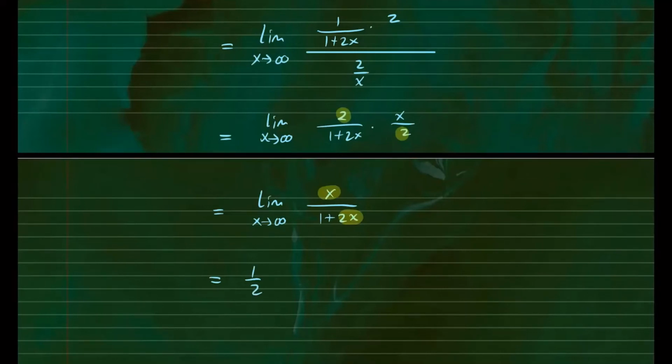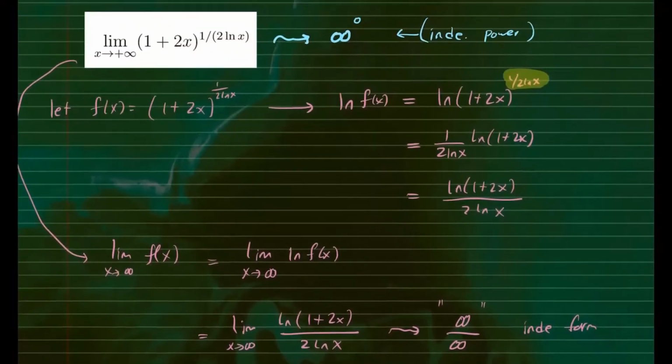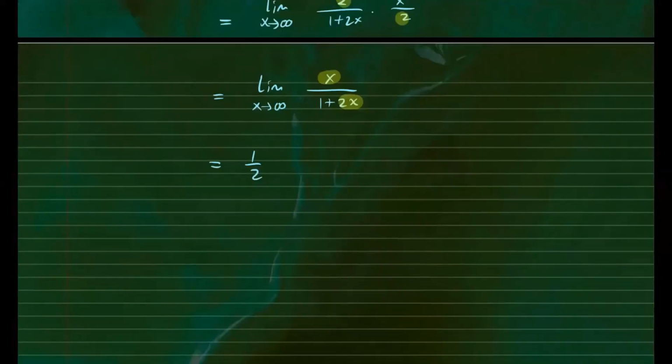So now, what did we do earlier? Well, we had to rewrite the function because we couldn't just take the limit right away. We introduced ln into the function. Initially we were looking at the limit as x goes to infinity of 1 plus 2x to the power 1 over 2 ln of x.